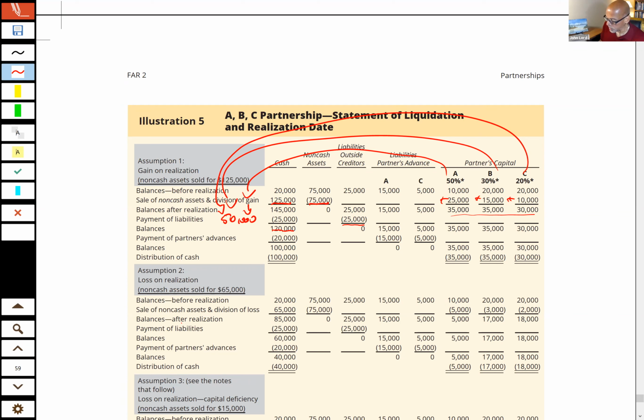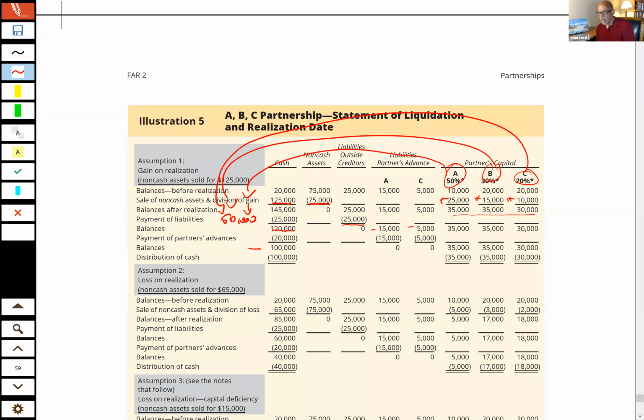The question said that A has a loan that's supposed to be paid back, and another 5,000 was supposed to be paid back to C. So we distribute those amounts. Now we're left with 100,000, and again we distribute that 100,000 relative to each of their partnership shares.